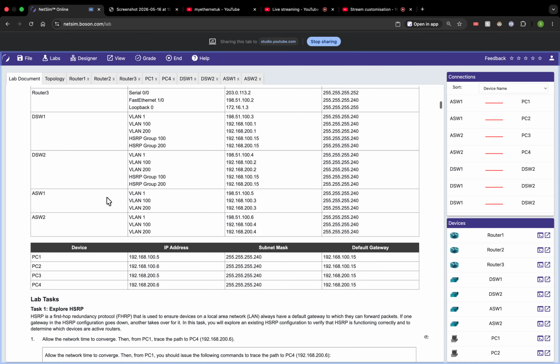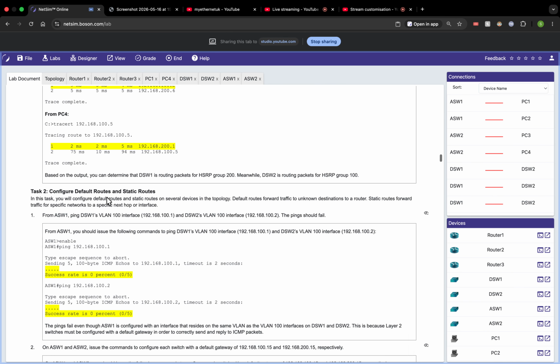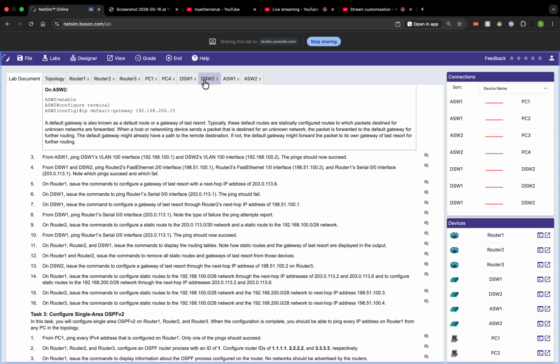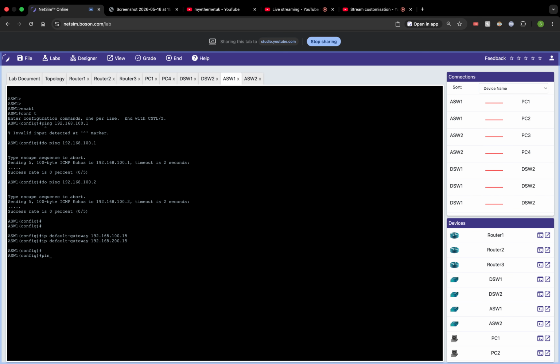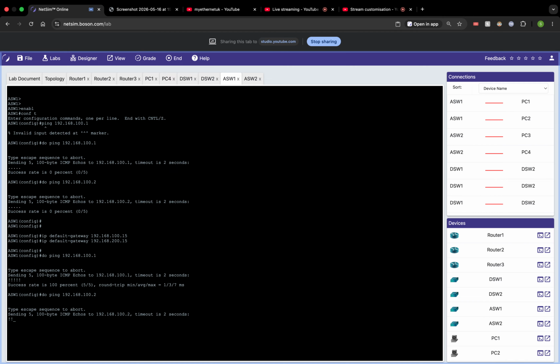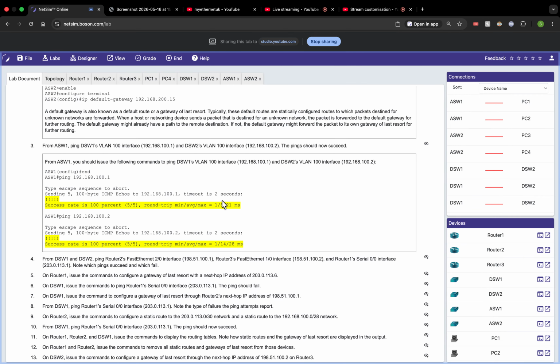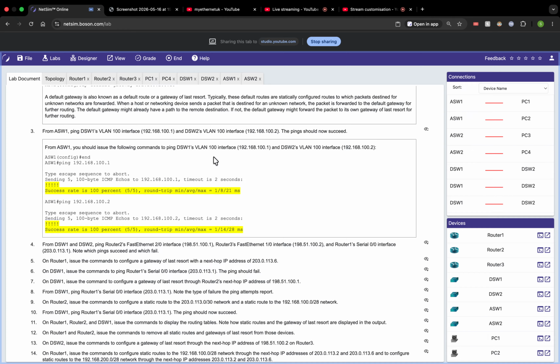So what we're trying to do now is, from ASW1, ping DSW1's VLAN 100 interface and DSW2's VLAN 100 interface. We configured something different for the gateways.